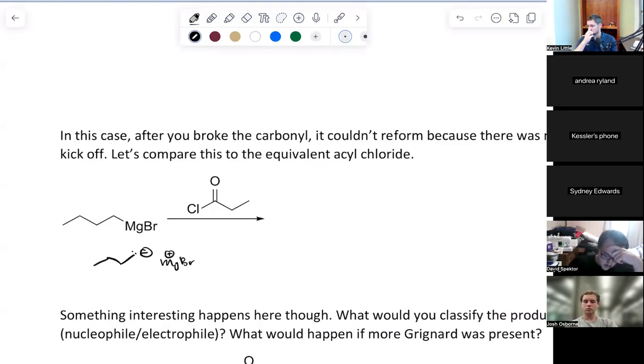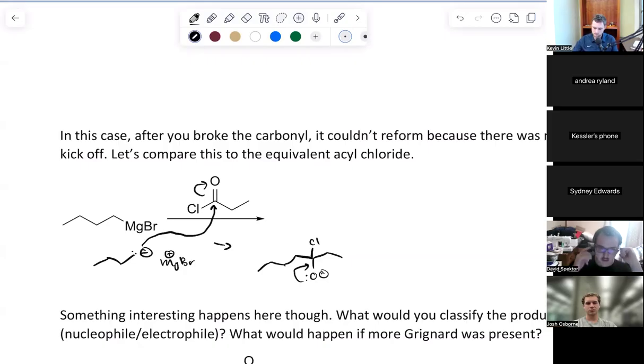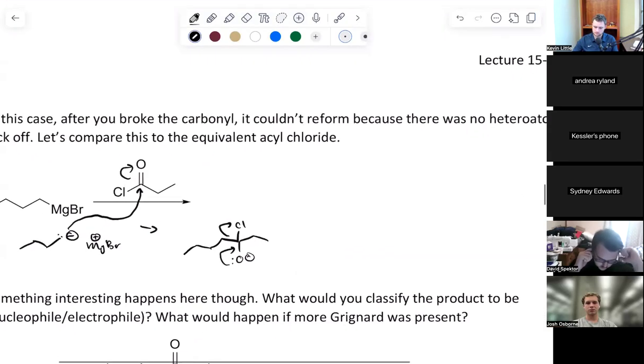Magnesium's got a positive charge. Nucleophile attack electrophile. Push up into the carbonyl. Every time I break a carbonyl, I'm looking for a reason to reform it. Do I have something I can kick off? Do I have a leaving group of any kind? Yes, I do. This chlorine.